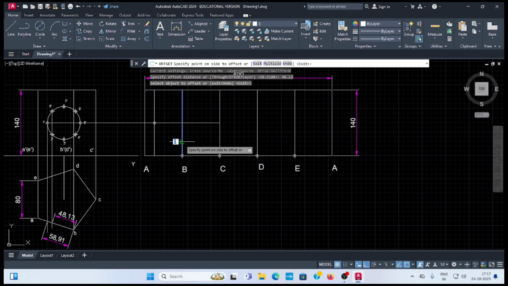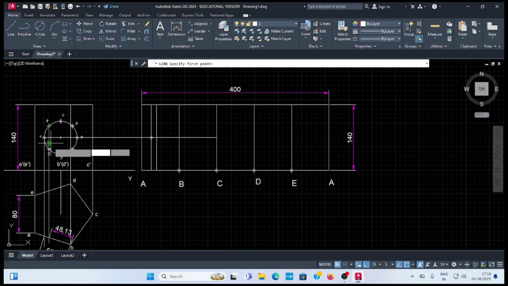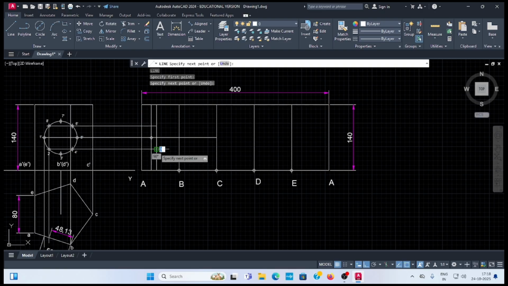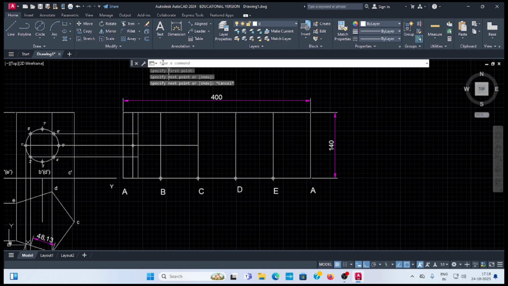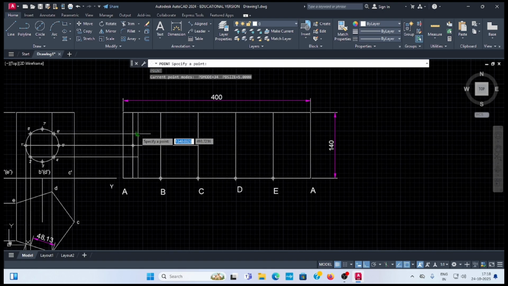This B line offset this side. For 8 dash and 2 dash, project the line from 8 dash and from 2 dash. We get this intersection point here, so put a point here, enter, point. I got 3 points: 1 dash, 2 dash and 8 dash.